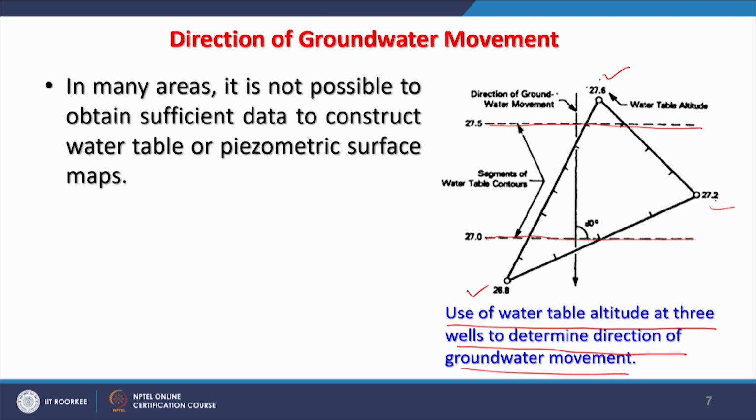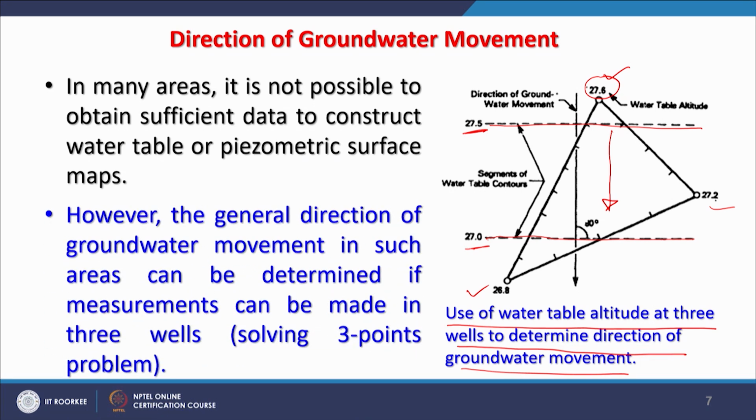So here, say for example, this is 27.6, if I take the unit as feet, then this is 27.5 and this is 20. That means water will flow from higher ground to lower ground. By this you can know the direction of movement of groundwater.